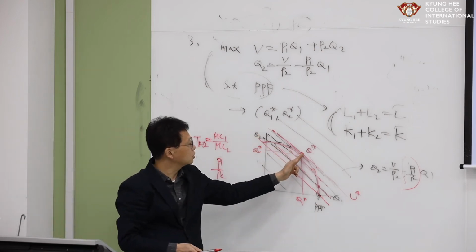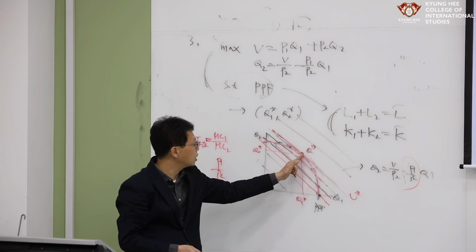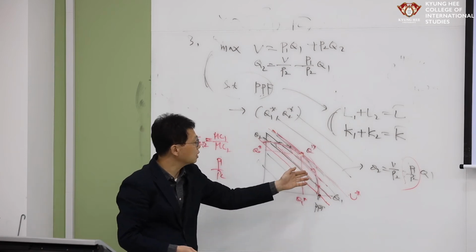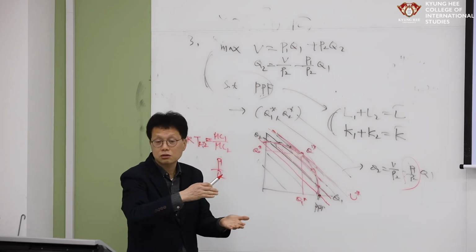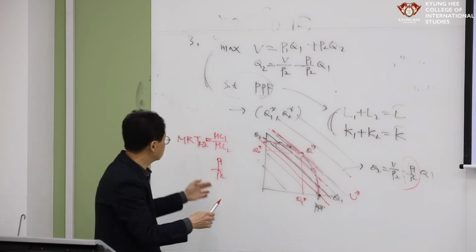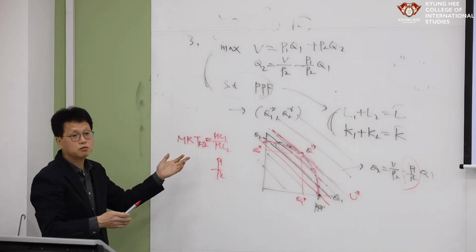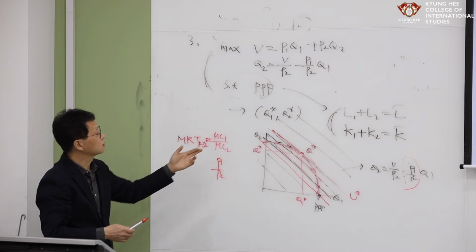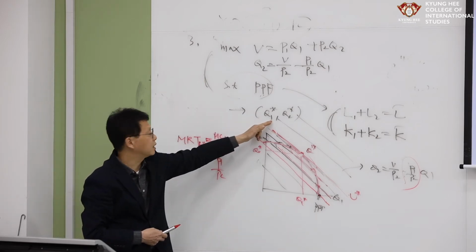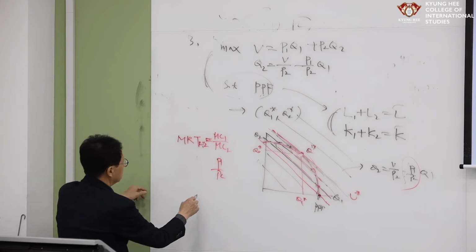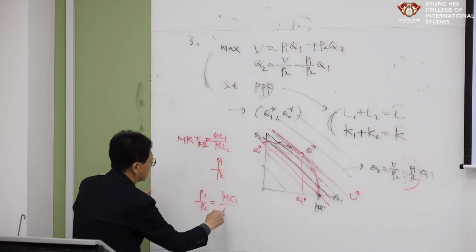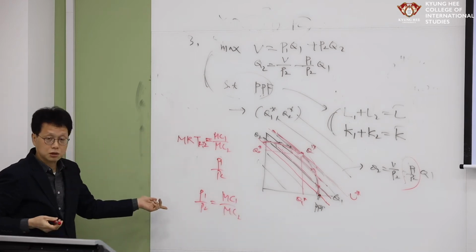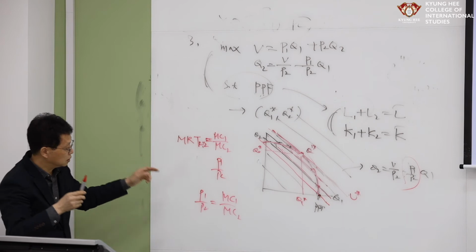The isovalue line at point Q star is equivalent to the straight line we use to calculate the slope of the PPF at this point. The two straight lines coincide. That means the slopes are the same. In other words, the value maximization condition for reaching this point, maximizing GDP, is that P1 over P2, the slope of the isovalue line, is equal to the slope of the PPF.